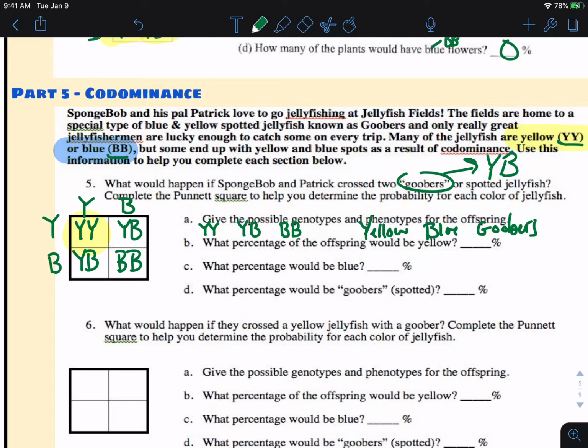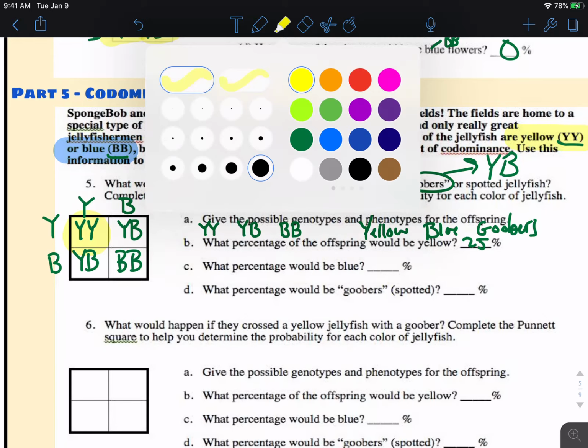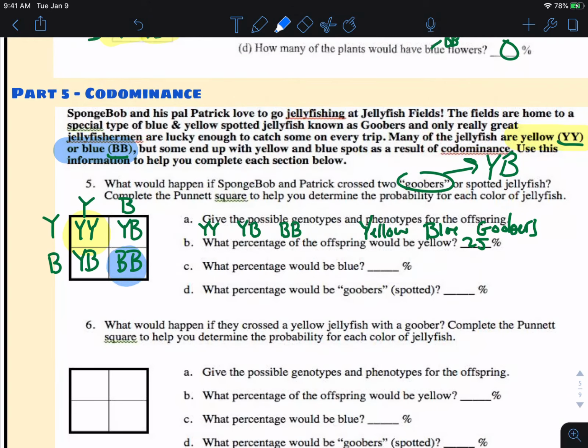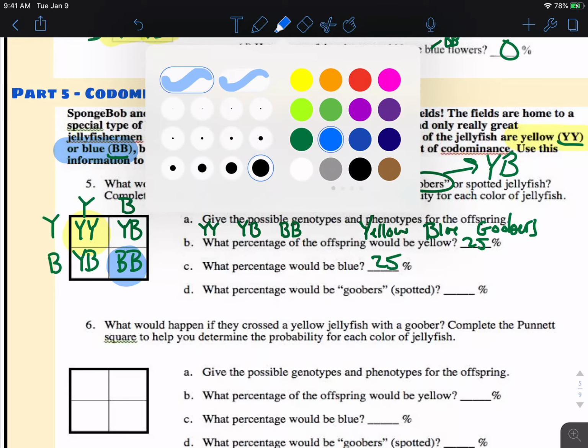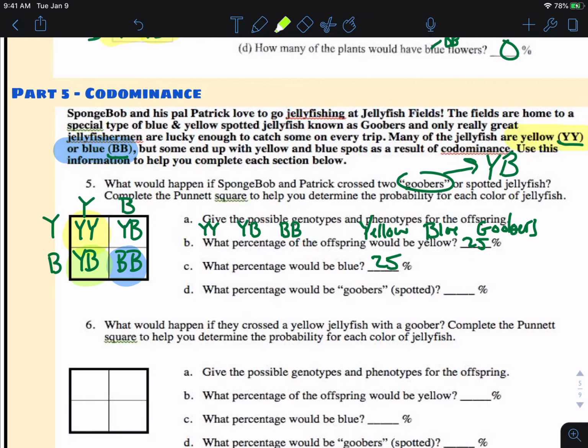So 1 out of 4, that's 25%. What percent would be blue? In this case we've got 1 out of 4, 25%. What percent would be goobers? Goobers would be 1, 2. That's 2 out of 4, therefore 50%.